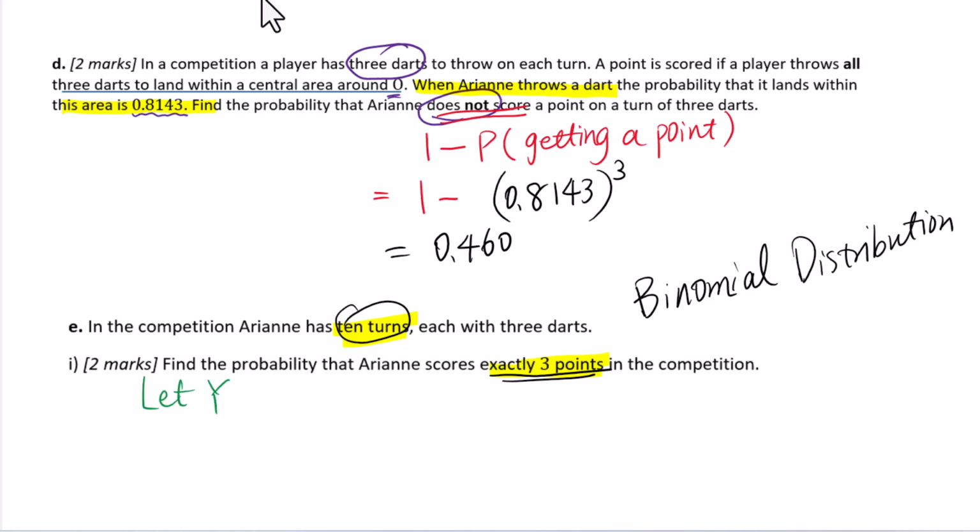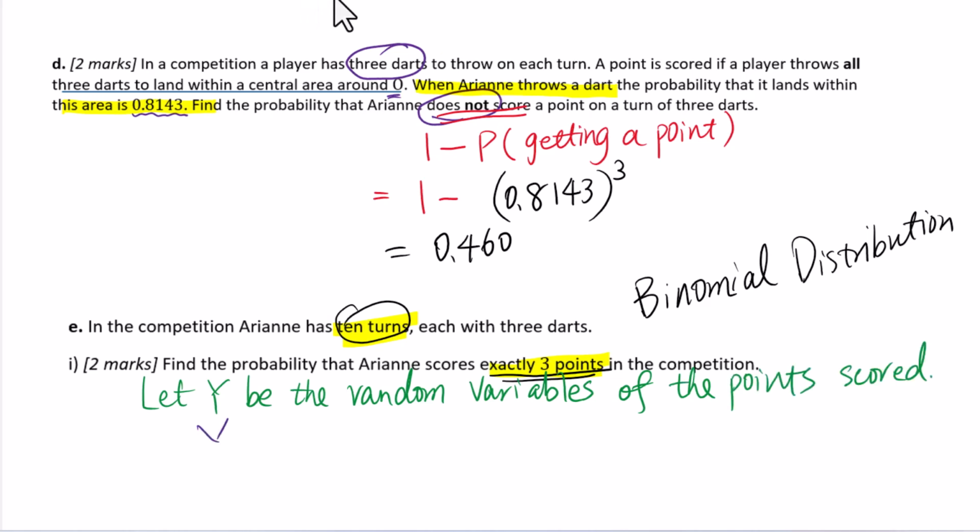Let y be the random variable of the points scored. So y is binomially distributed with 10 and the desired probability.